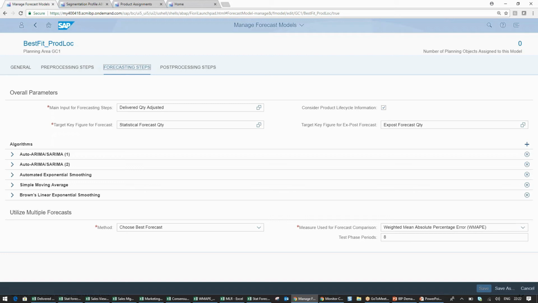I have my input for forecasting, and my target key figure to store the forecast result. Also, I have given the ex post forecast quantity to be stored, and the algorithm that I've selected in my best pick model is auto ARIMA, considering the ARIMA algorithm, seasonal ARIMA, and then automated exponential smoothing, simple moving average, and the Brown's linear algorithm.